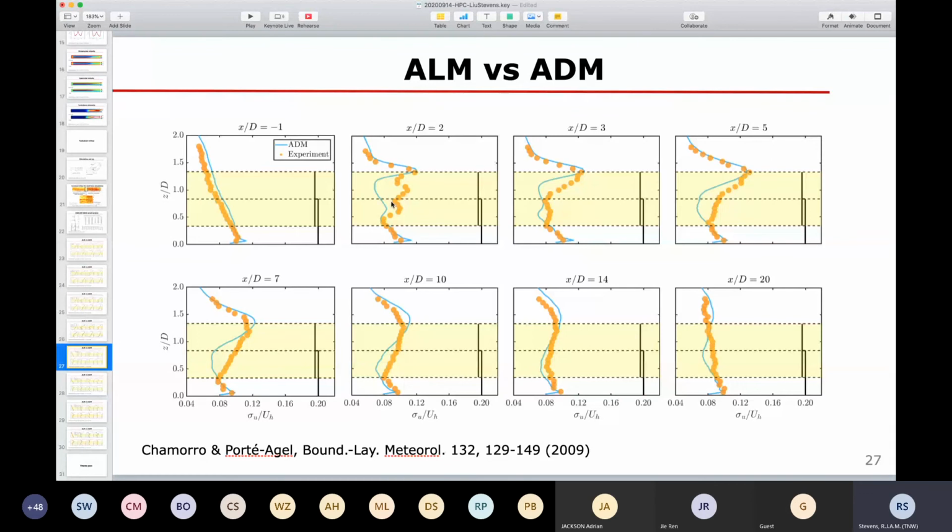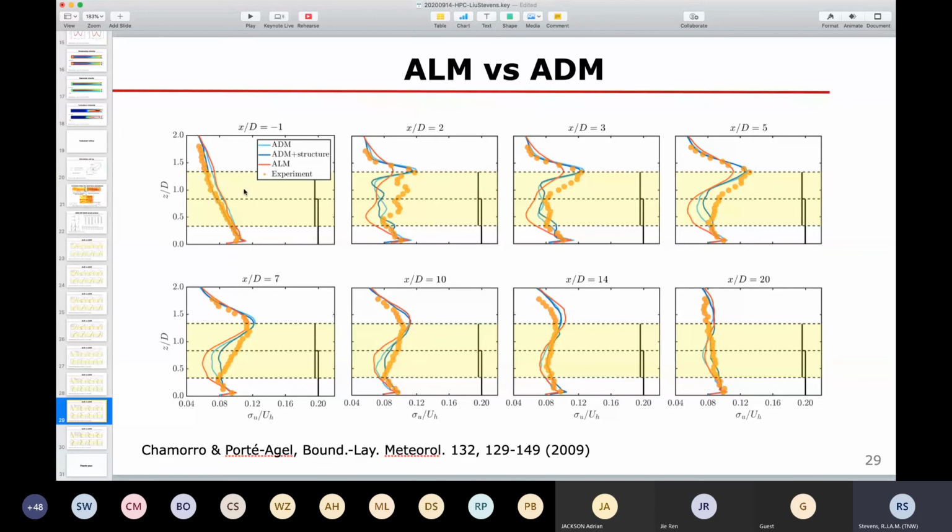We also see that here in the near wake at XD/2 there are additional fluctuations close to the nacelle area, and this smooths out further downstream in the wake. If we add the nacelle and tower, there's some additional change over here, but not so much, most likely due to the limited resolution that we have at the moment.